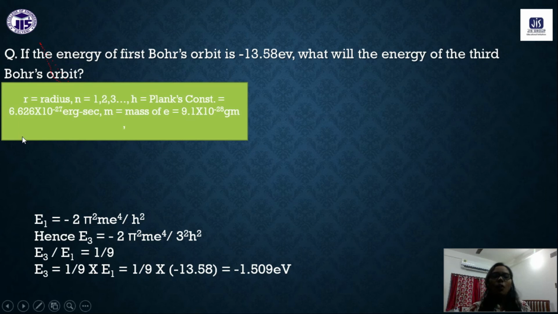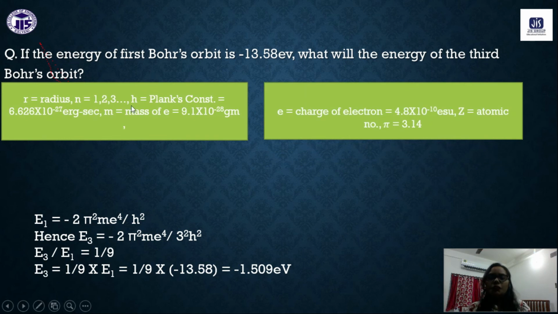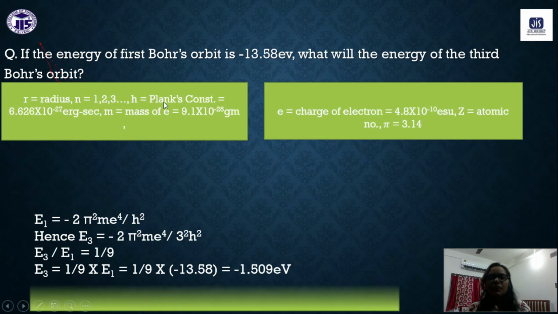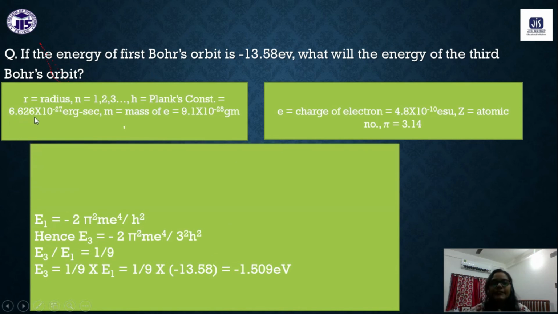So all these things you know: R is the radius, n is the quantum number 1, 2, 3, h is the Planck constant, that is 6.626 into 10 to the minus 27 erg second. m is the mass of the electron, 9.1 into 10 to the power minus 28 gram. e is the charge of the electron, 4.8 into 10 to the minus 10 ESU.